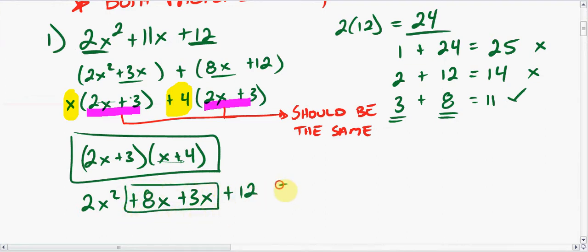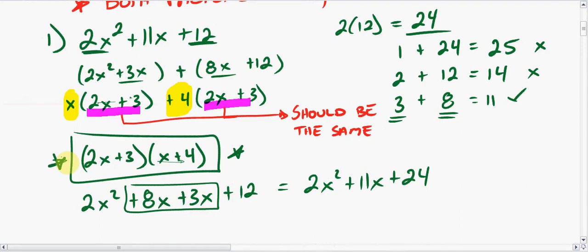Add my middle two terms together, and I get 2x squared plus 11x plus 24. And we see the two trinomials are exactly the same. So you should be confident that you factored correctly, and the quantity 2x plus 3 times the quantity x plus 4 is in fact correct.